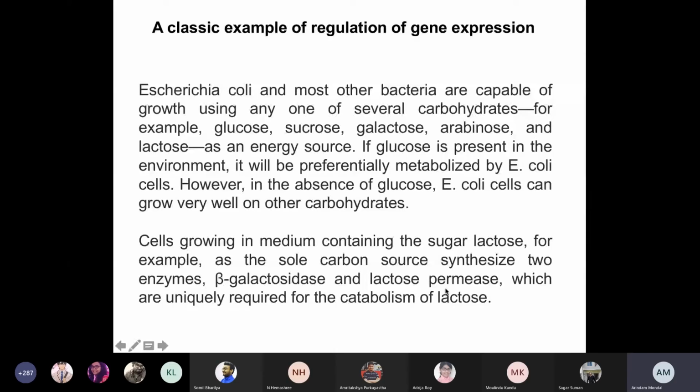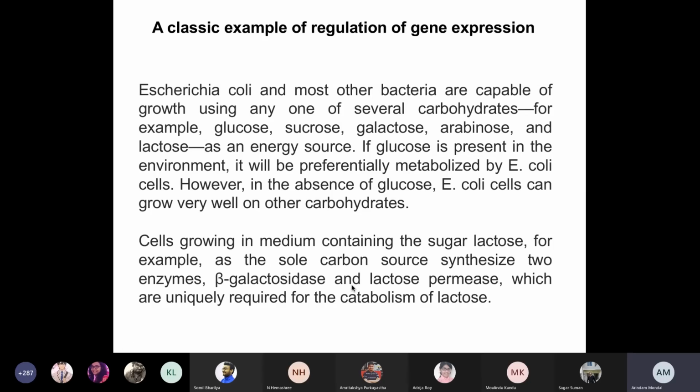These two enzymes are needed to metabolize lactose. So, in the usual case, they should not be synthesizing these enzymes. If there is glucose in the environment, they should be utilizing glucose, and they don't need these enzymes, right? They will need these enzymes when there is no glucose in the environment. Rather, they have to live upon lactose. Then only will they need these two enzymes.